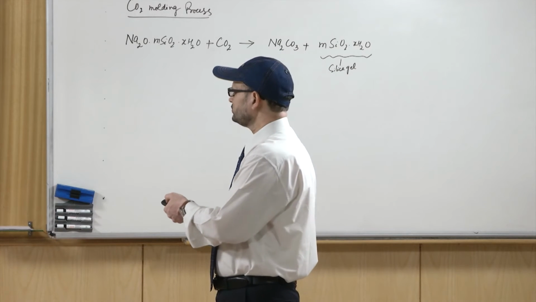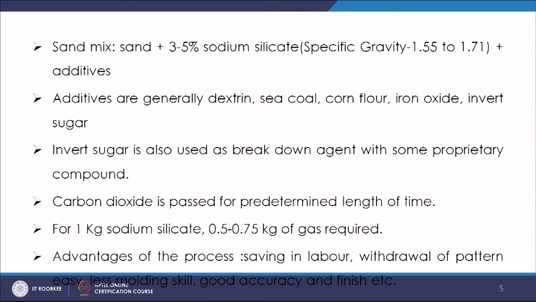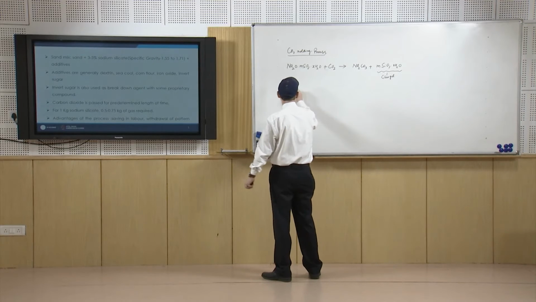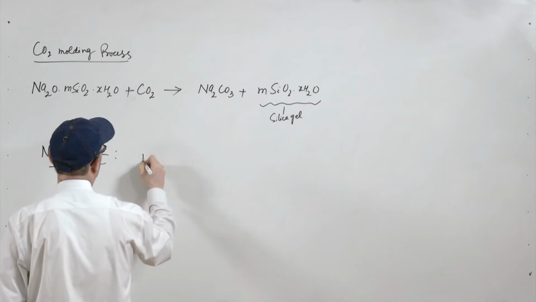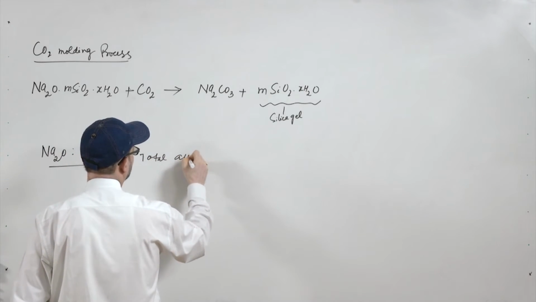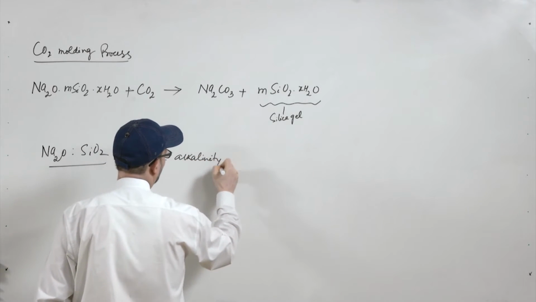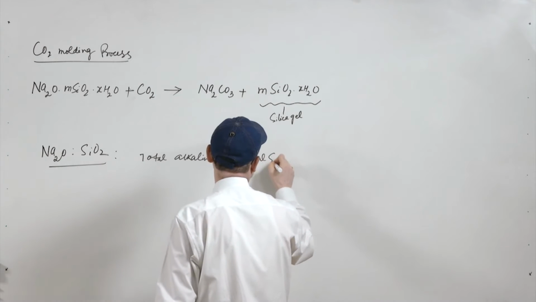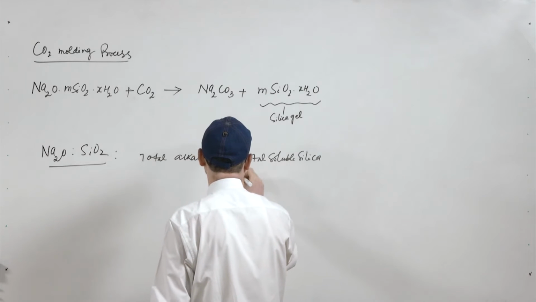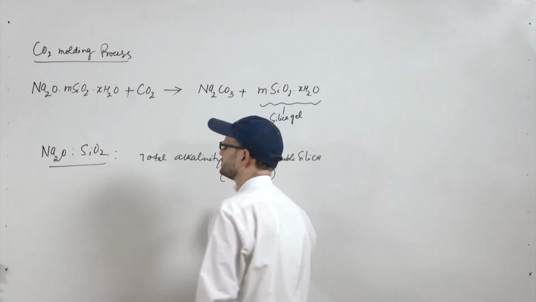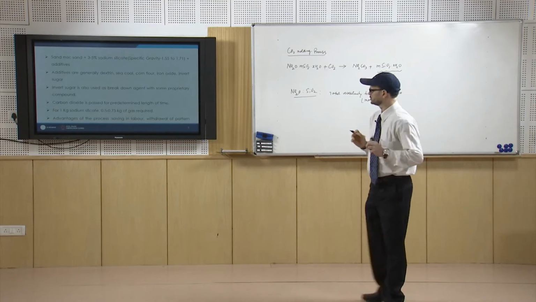The mass ratio can be further altered by suitable addition of NaOH. If you want to change the mass ratio, which is nothing but the ratio of Na2O to SiO2, that is, the ratio of total alkalinity to total soluble silica, this is known as mass ratio, and its inverse is known as the molar ratio.